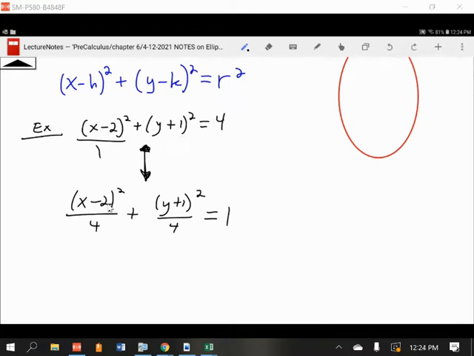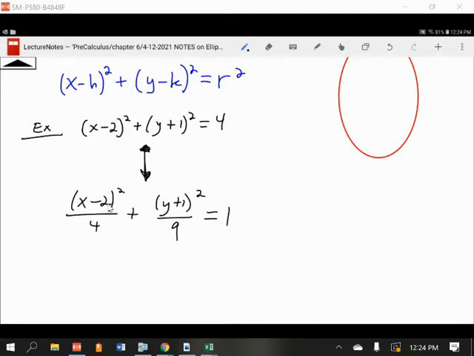So an ellipse being different than a circle is kind of interesting in that its formula is very close to a circle. So if I were to take one of those 4s in the denominator, like take this 4 and make it a 9, notice how you don't have a common denominator anymore, right?